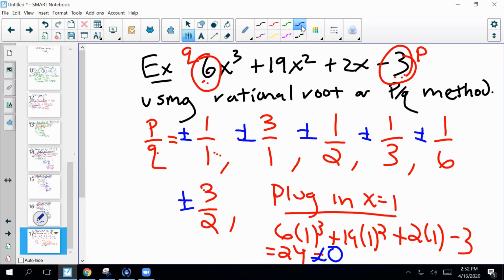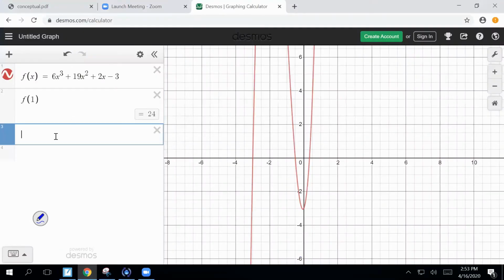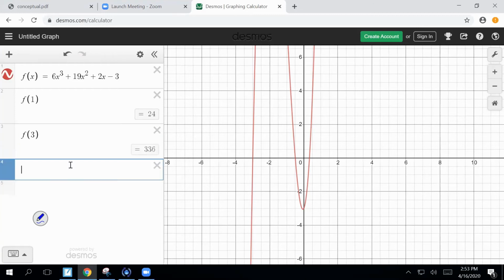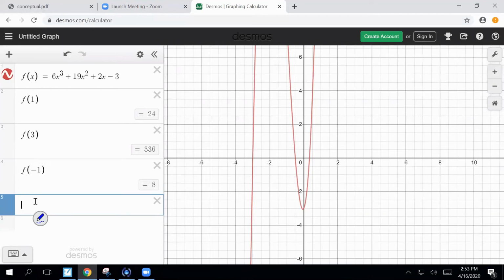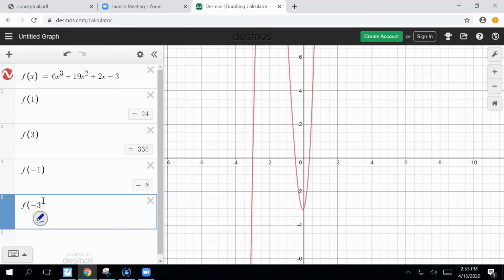So what I do at this point is I would go to a graphing calculator and just keep trying these things until you find one that works. So like f of 3, well, that didn't work. f of -1, that didn't work. f of -3. Oh, there we go. We got one that works.